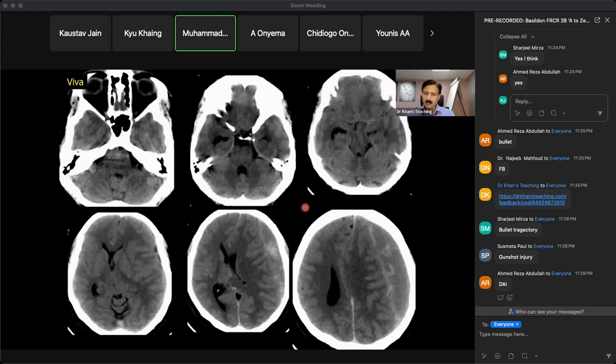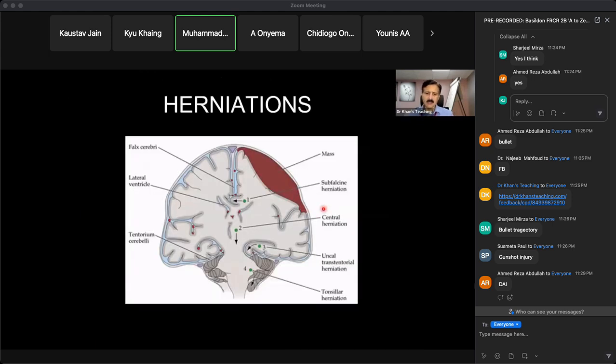Okay, I'll take over. Now, the point is that you have to have a clear-cut idea about subfalcine herniation. What happens in subfalcine herniation? This is the lesion here, and this is the corpus callosum, this is the cingulate gyrus. This is the falx, so the cingulate gyrus goes to the contralateral side.